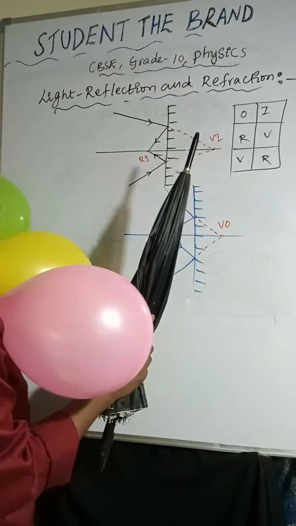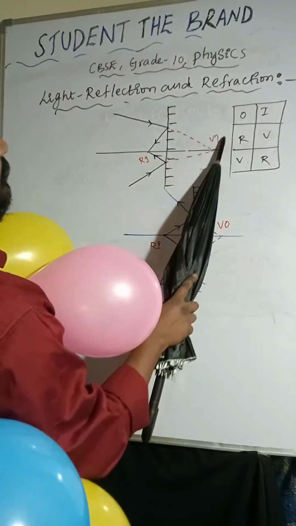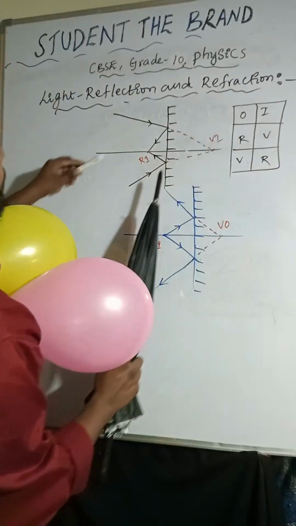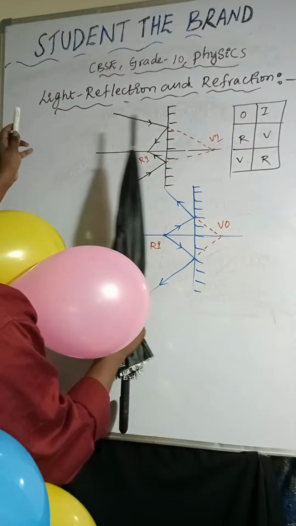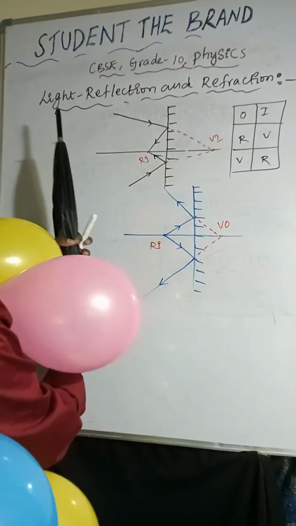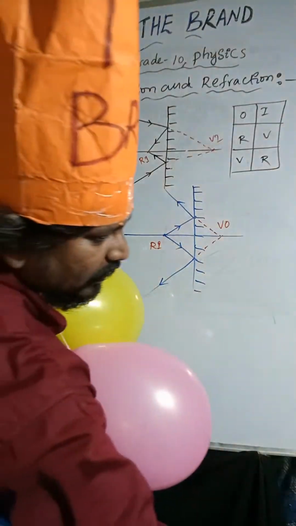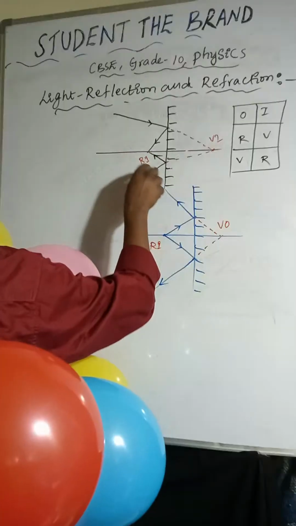So their image is forming. What is that image? Virtual image. The object is real and the image is virtual: virtual image, real object. With reflected light rays, it is a real image.